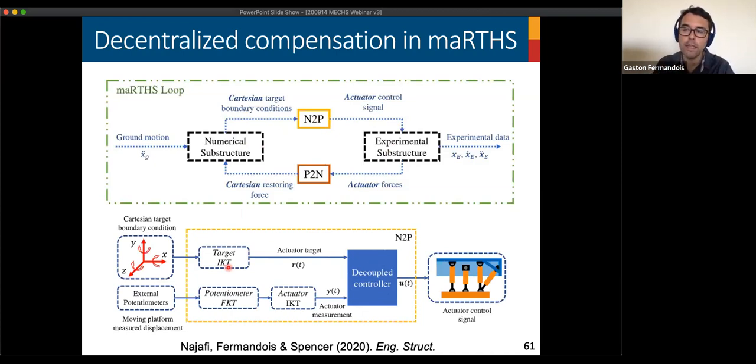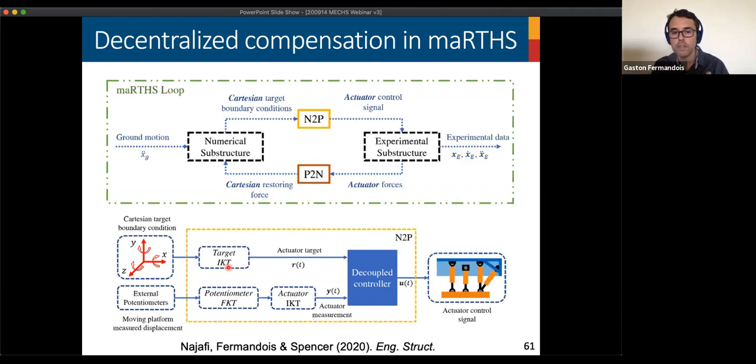The other thing that was considered to try to avoid this problem of getting errors on our predictions using only LVDTs is that external potentiometers were installed to get displacements or positions of the moving platform.